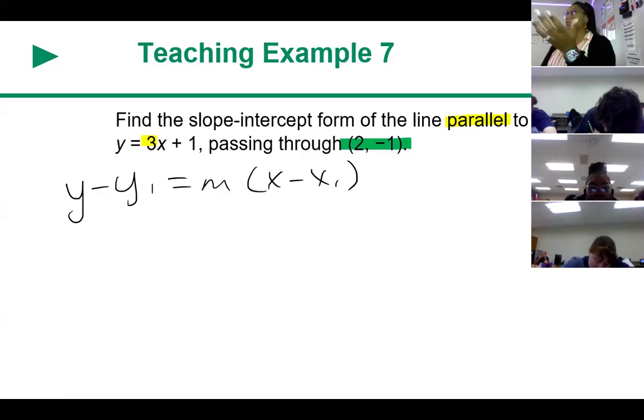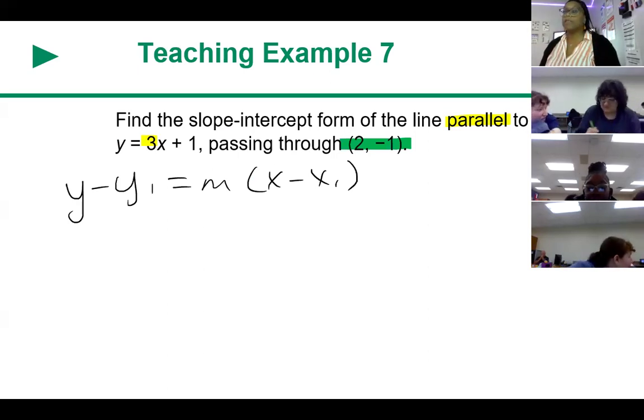You use point slope. You're given a slope, you're given the point, you're going to use point slope. Okay. I'm given the slope, I'm given the point, I'm going to use point slope to figure out my equation of the line. Okay.